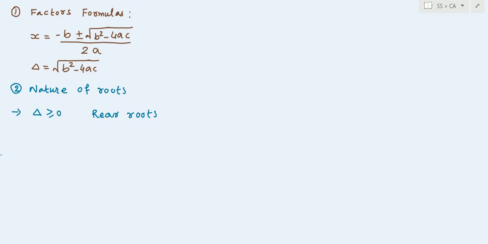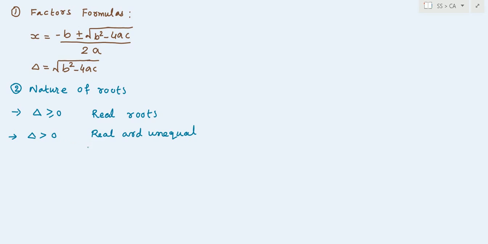Okay. Second point, if delta is greater than 0, then the roots are real and unequal. A mistake has happened here, real has been written. Real roots. Okay. Delta greater than or equal to 0, roots are real.